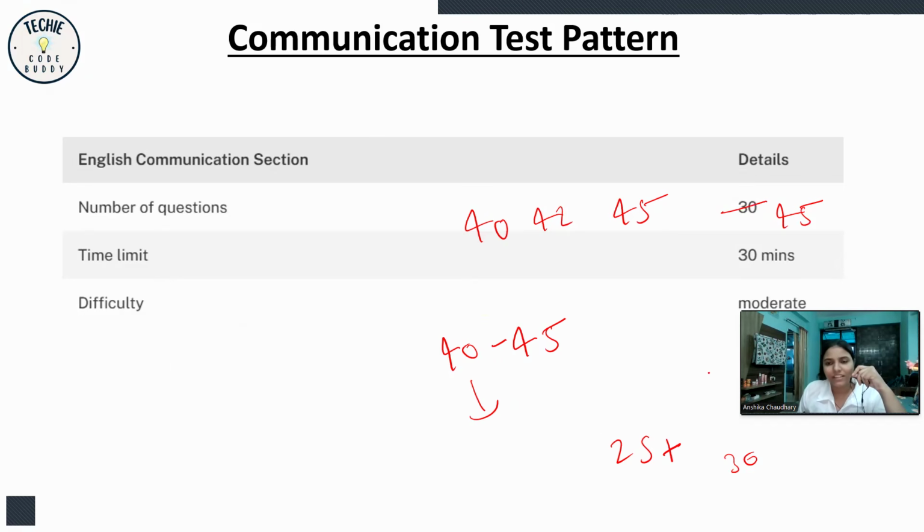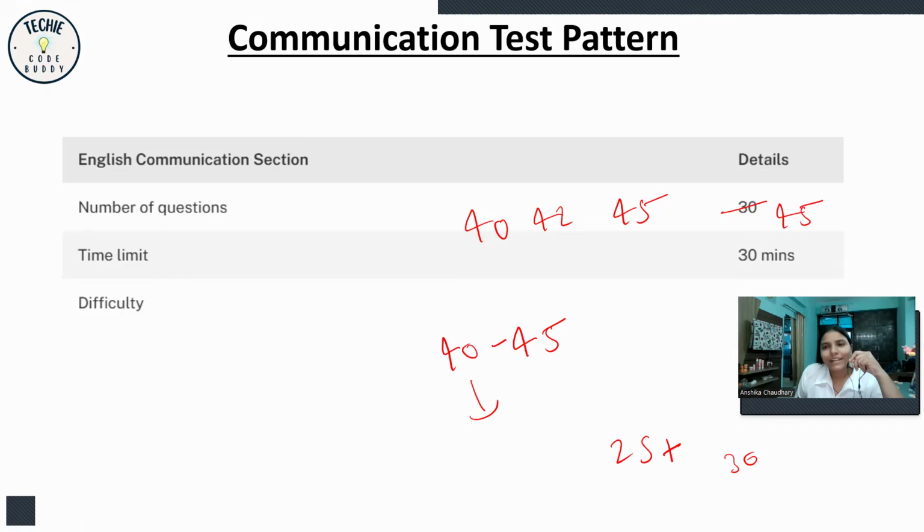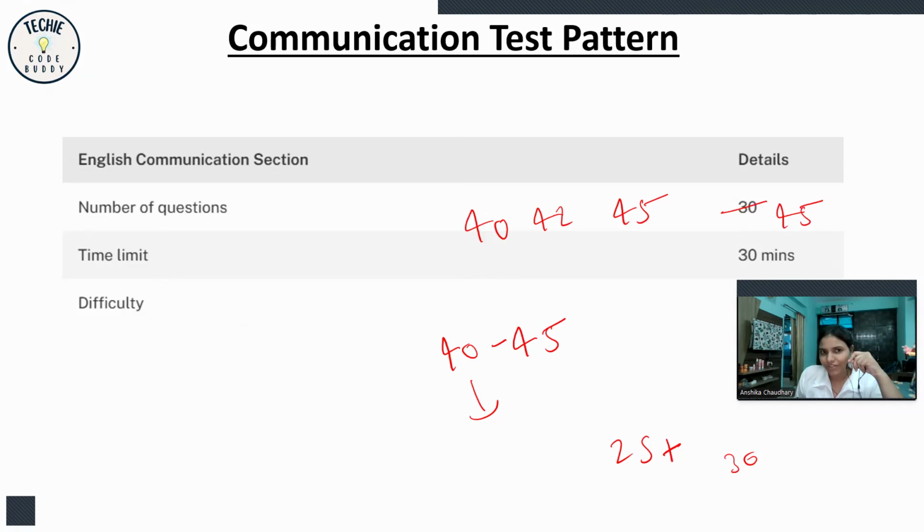It's very easy if you are attempting it with full attention. Your attention is very necessary in this round. You can even achieve 40 by 40 or 45 by 45 if you have patience and are taking this seriously.